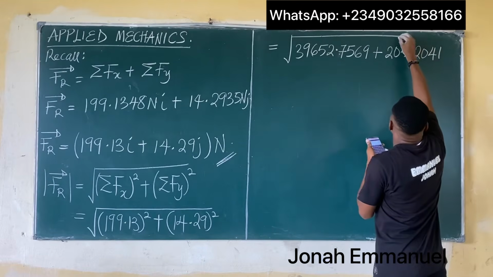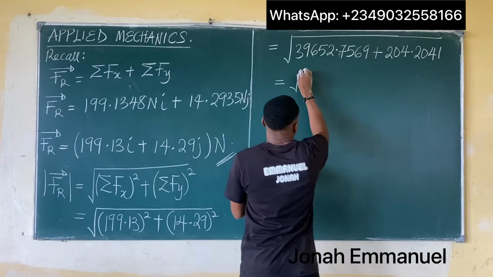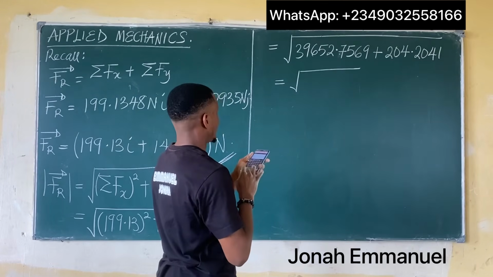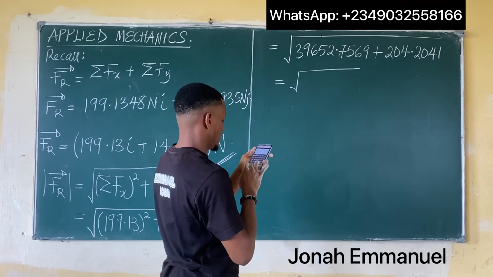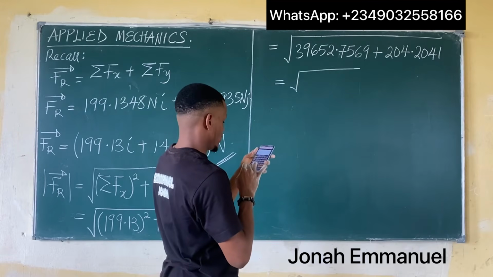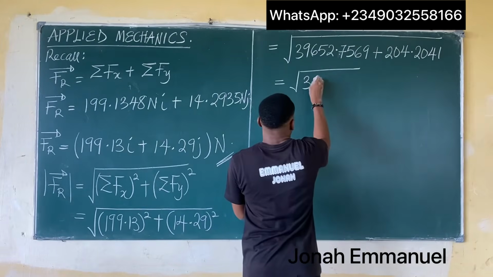If I sum them up, it becomes the square root of 39652.7569 plus 204.2041. Alright, so this gives me 39856.961.